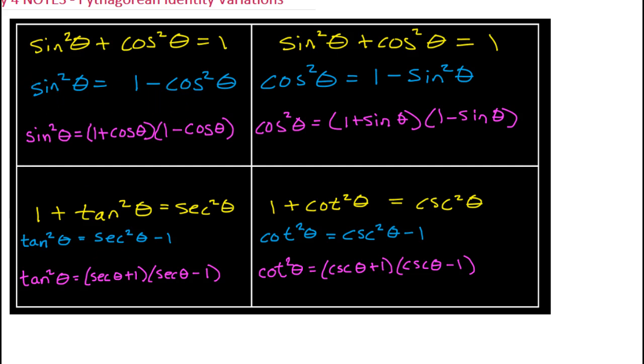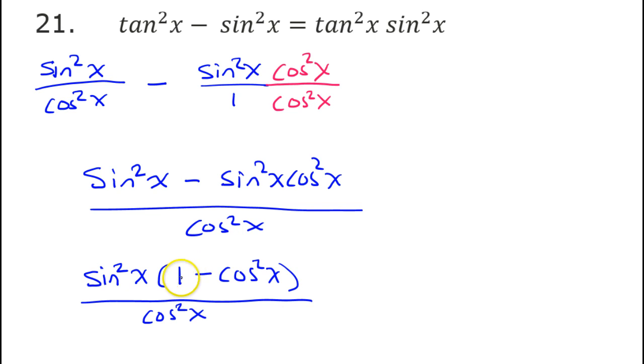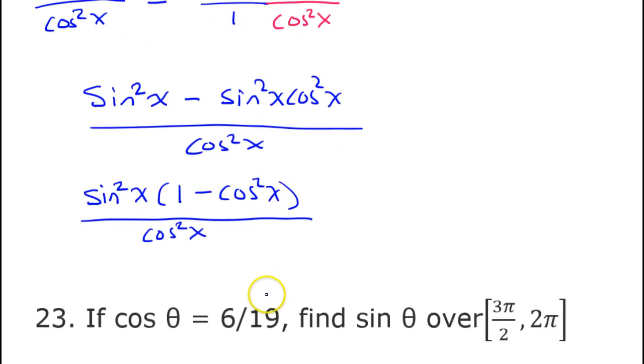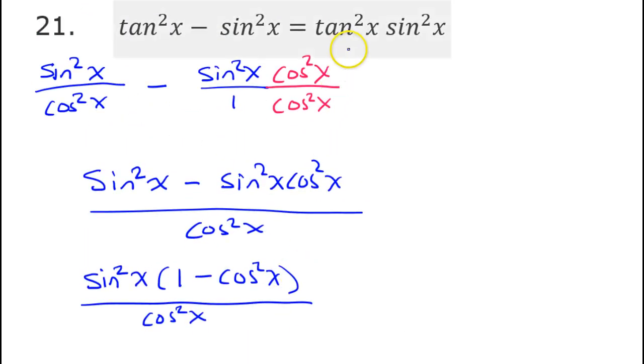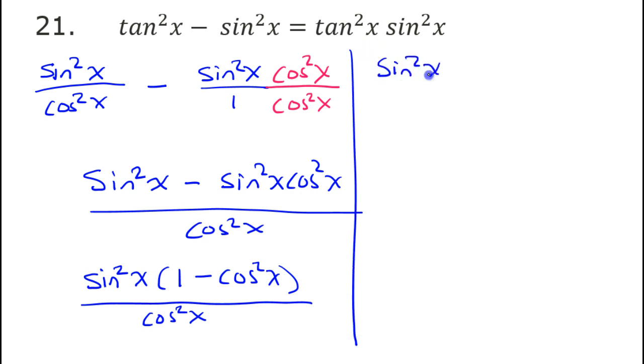Oh, that's sine squared x. Well, theta, whatever. So this is going to be, alright, better make a new column. So this is going to be sine squared x times another sine squared x over cosine squared x. Am I going to make sine to the 4th power?